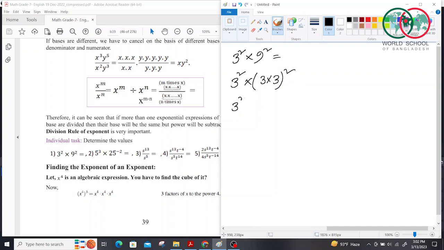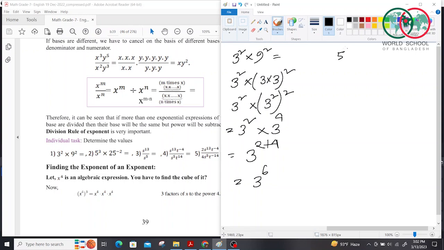So it becomes 3 square into, now here 3 is multiplied twice, so we can write it 3 square, and this whole is again squared, so we can write this in this form. Thus it becomes 3 square into 3 to the power 4. Now it is in multiplication form, so we can write 2 plus 4, so it becomes 3 to the power 6.